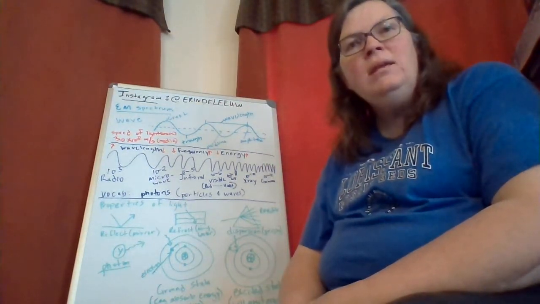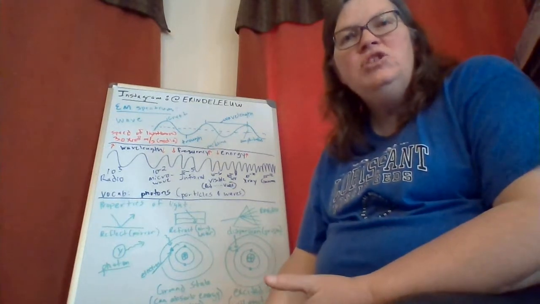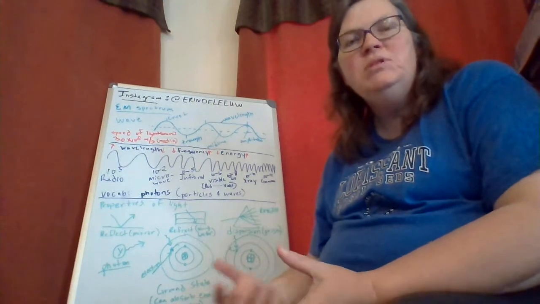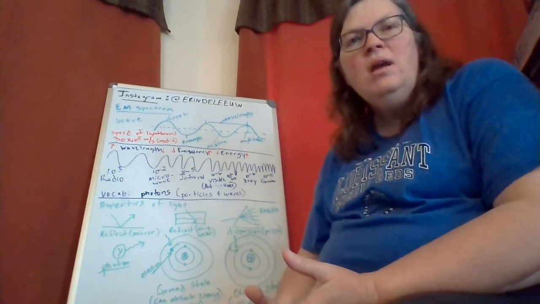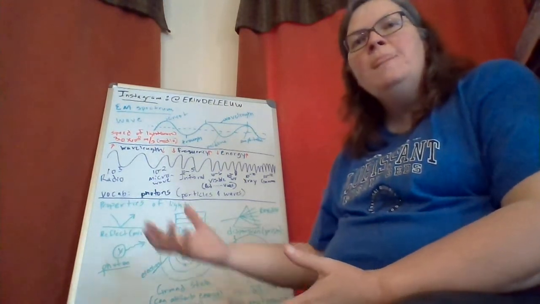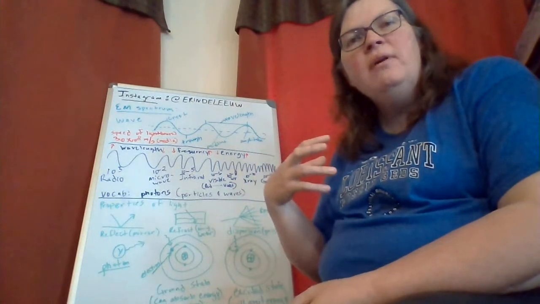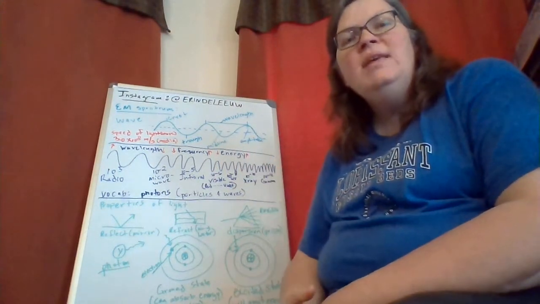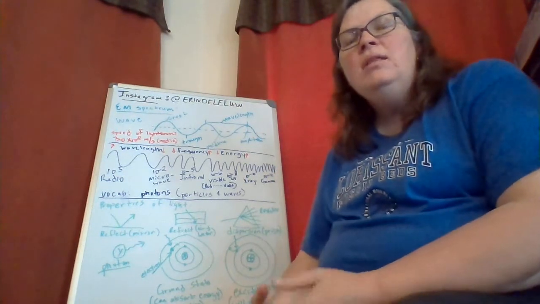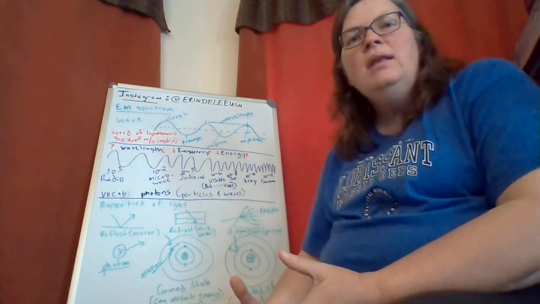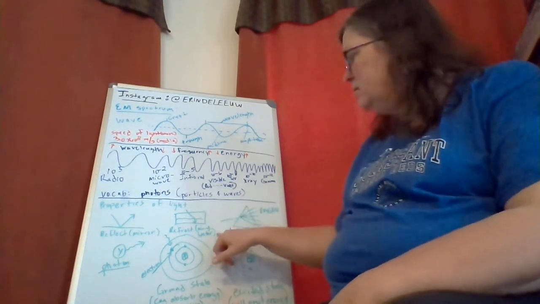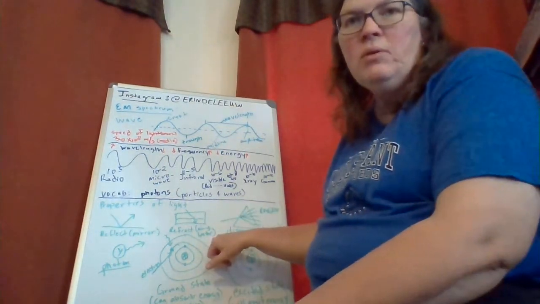It's bending, so that means its speed is changing, which is causing it to bend as it's going from one substance to another substance. And that's what happens when these waves come into our atmosphere and it gets interfered with from the gases in our atmosphere and the moisture that's up there, and it bends. So refract is the next property that we're talking about.